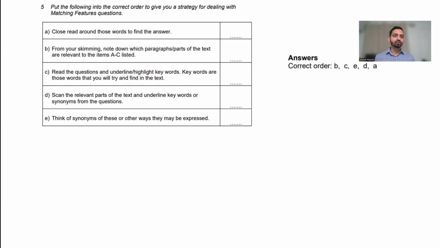Then you've got A, close read around those words to find the answer. So if you found a synonym there, closely read around it, before and after that synonym or that keyword, and that's how you will find the answer, okay? So that's the methodology of approaching this type of question.